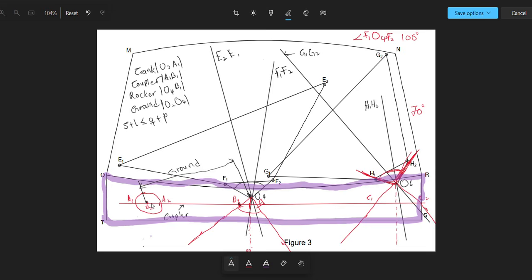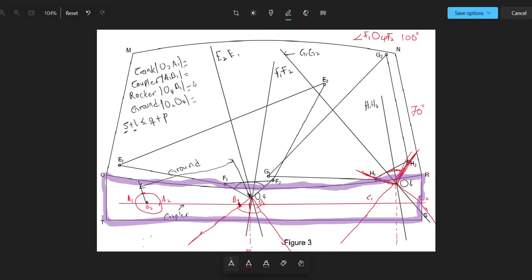The smallest length plus the longest side, and it's likely that your longest side is going to be the ground, should be less than or equal to the other two.